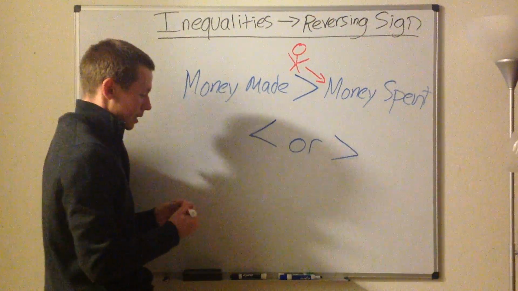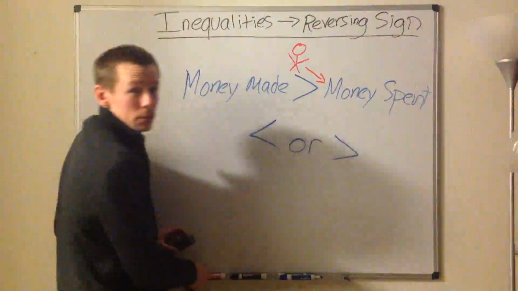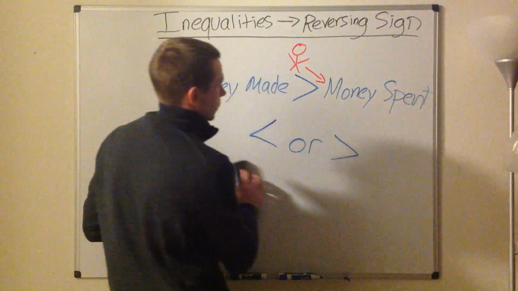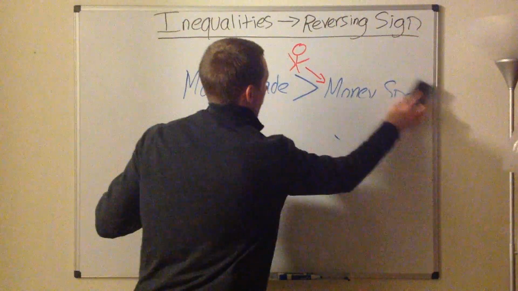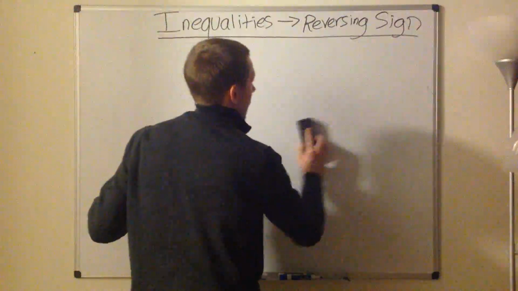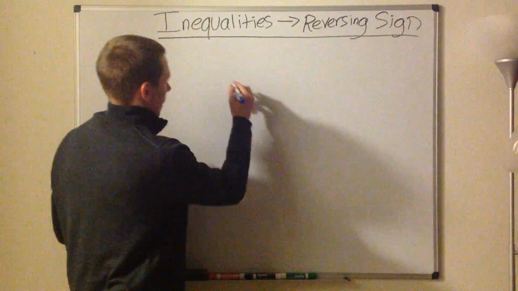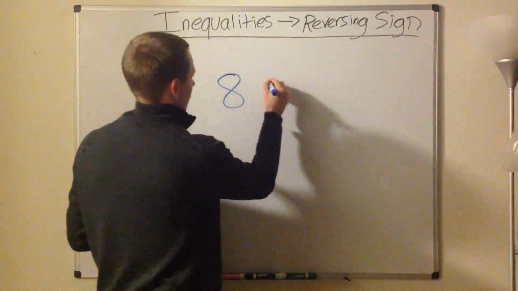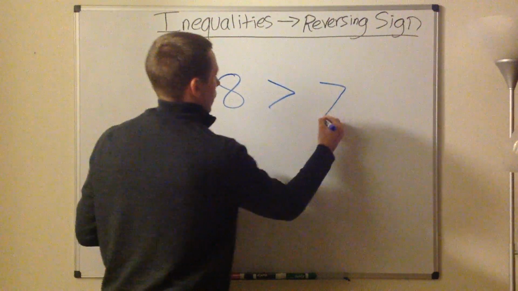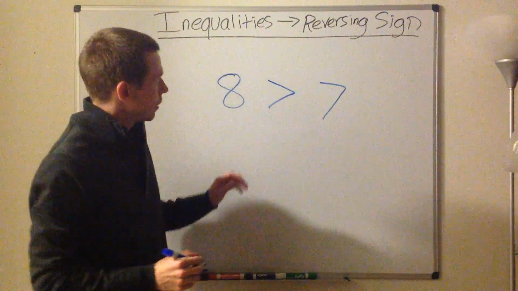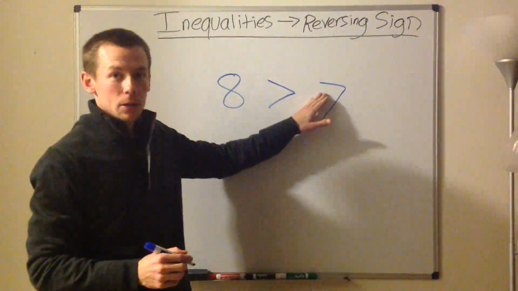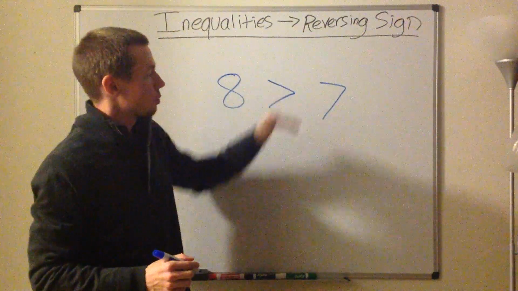So, for instance, let's look at some numbers now. If we compare 8 and 7, we want the point to be towards the 7 since the 7 is smaller than the 8.